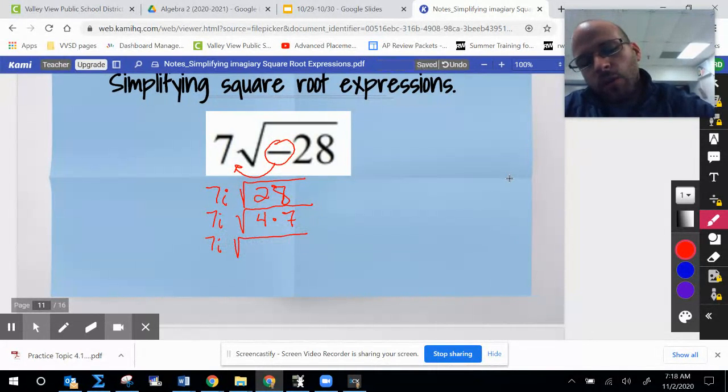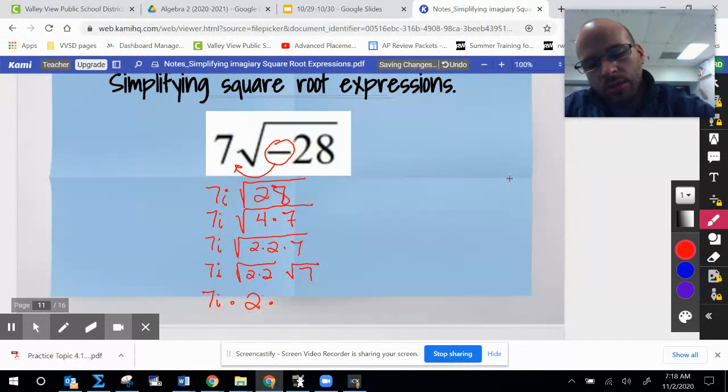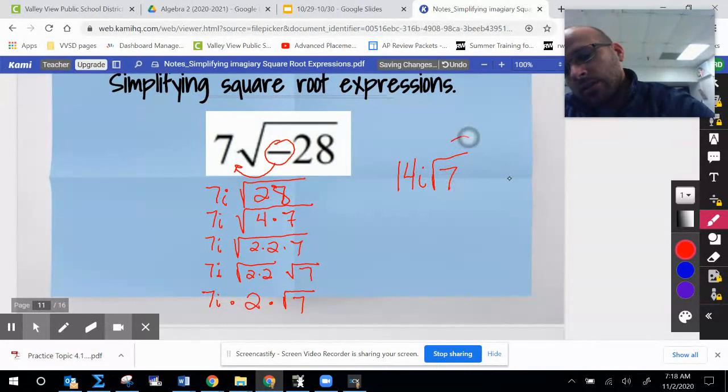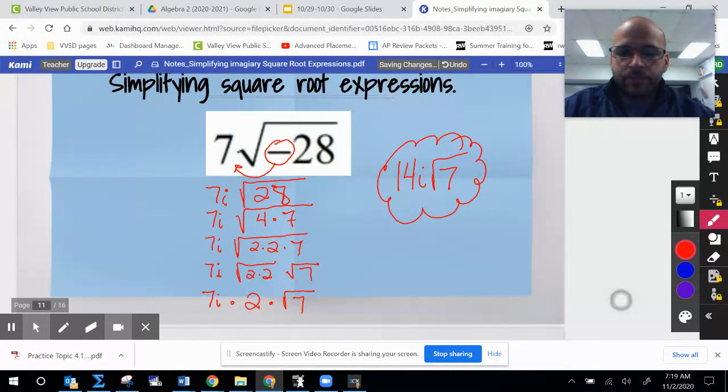I can break down the 4 into 2 times 2, and then I'm going to separate the radicals. So I have a 7i times 2, and I square root of 7 on the inside. So I can multiply those values out front, and that gives me a 14i square root 7. That would be my answer.